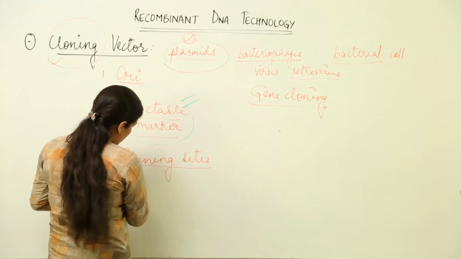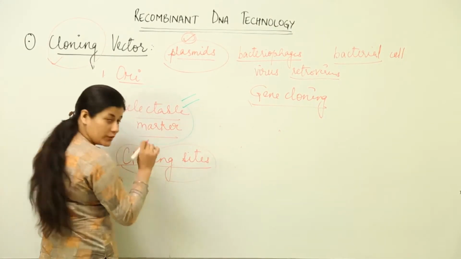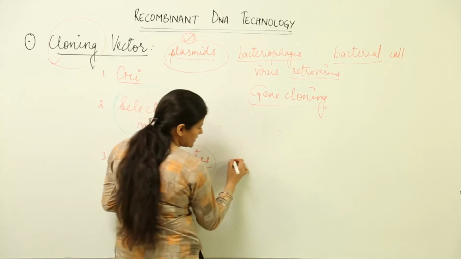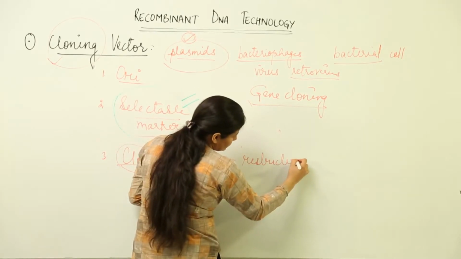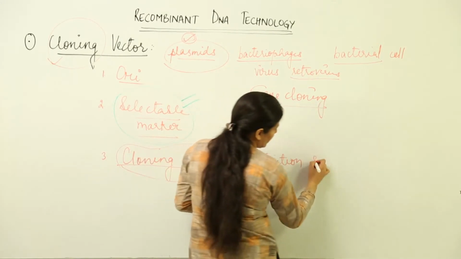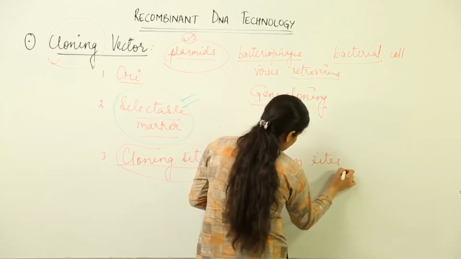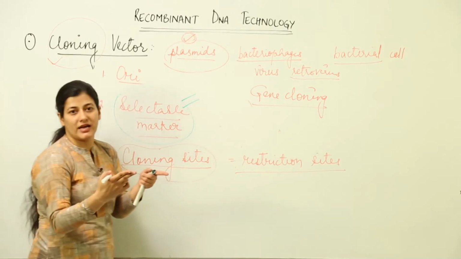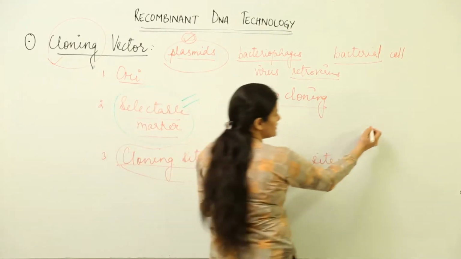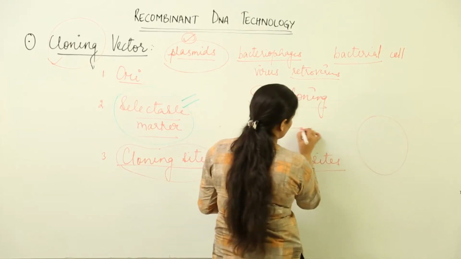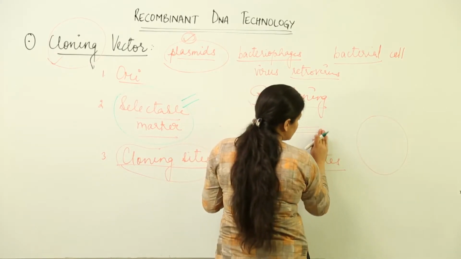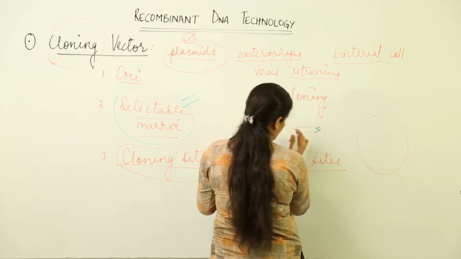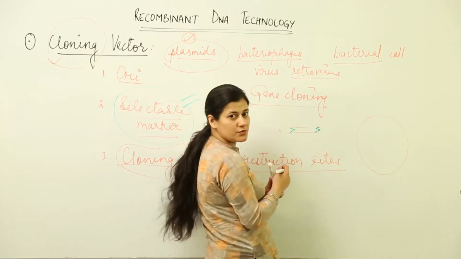Now, for the plasmid to have cloning sites, it means it must have restriction sites, where the restriction endonucleases come and cut the plasmid. Now, supposedly this is the plasmid and this is the gene of interest. Now, a restriction enzyme comes and cuts this in this shape. Okay, these are the sticky ends which are produced.